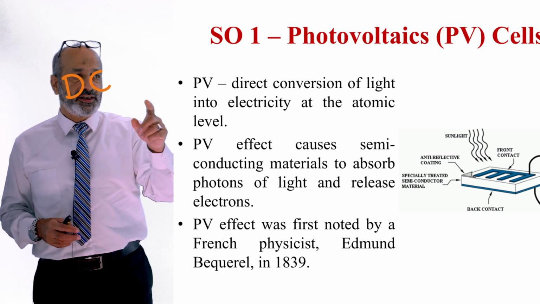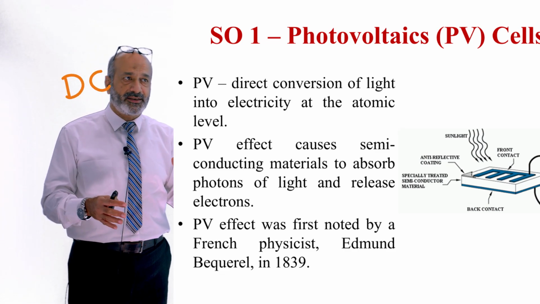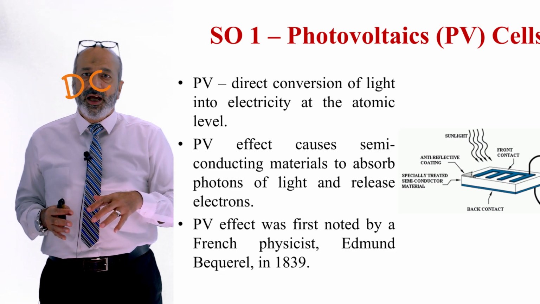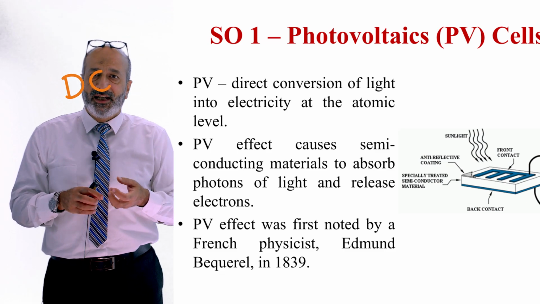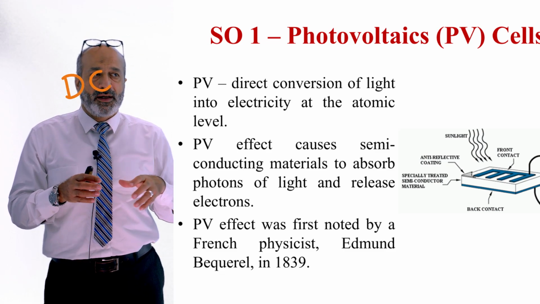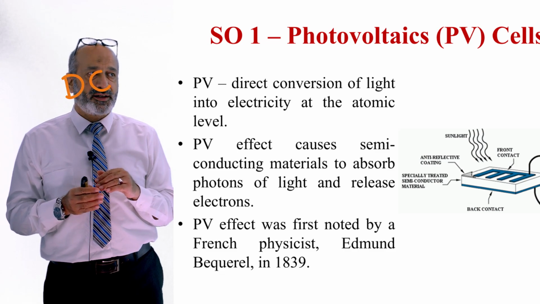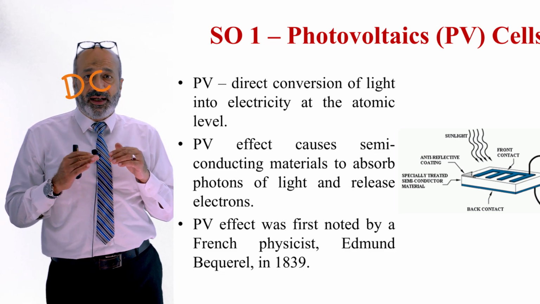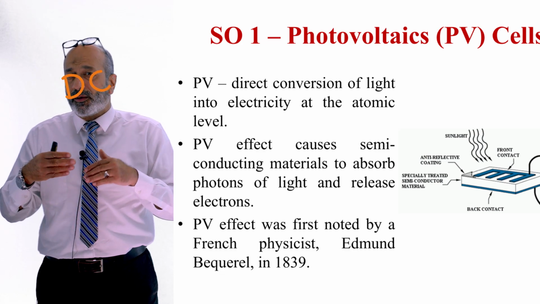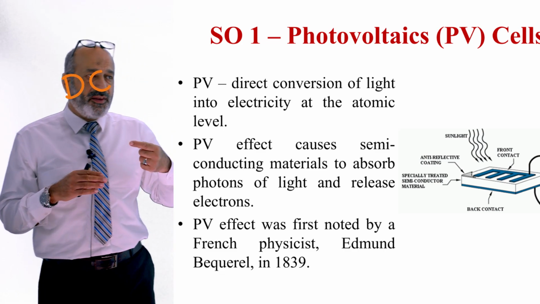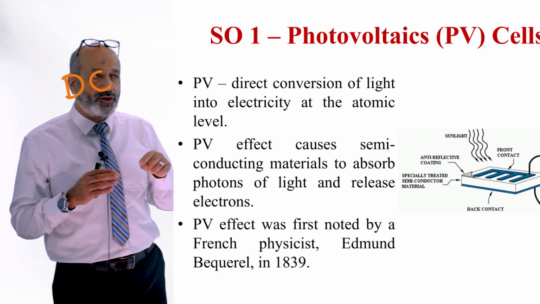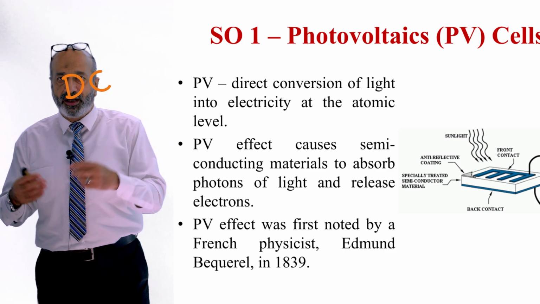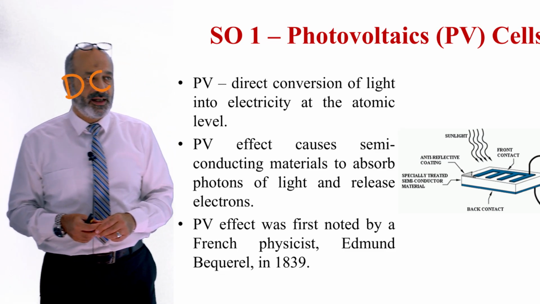And it's a direct conversion of light into electricity, where after the photons from the light hit the surface of that semiconductor, which is the silicon, in a special arrangement called a p-n junction, then that light will be converted at atomic level to electricity, and electrons will flow in the circuit.